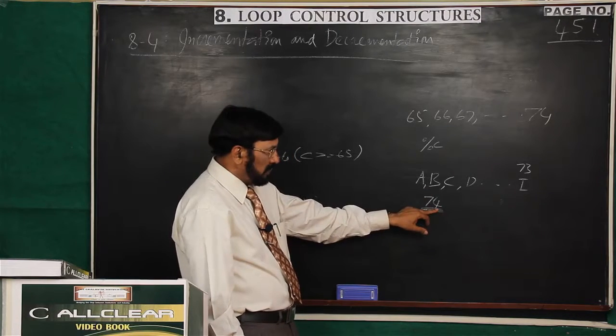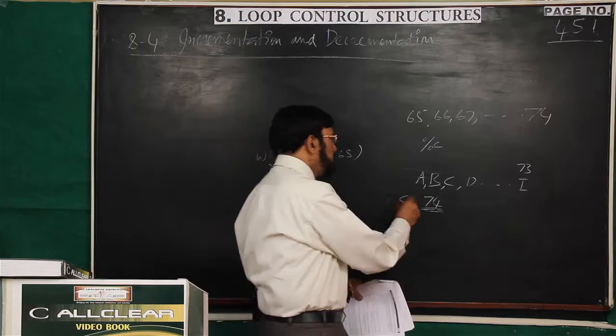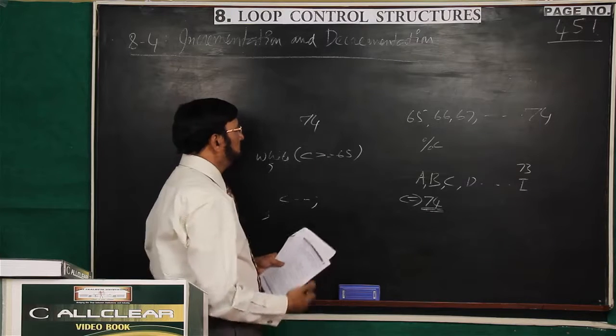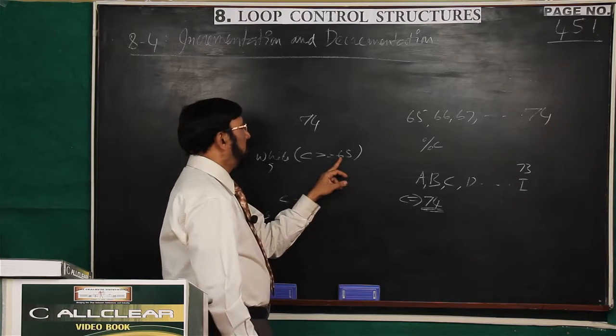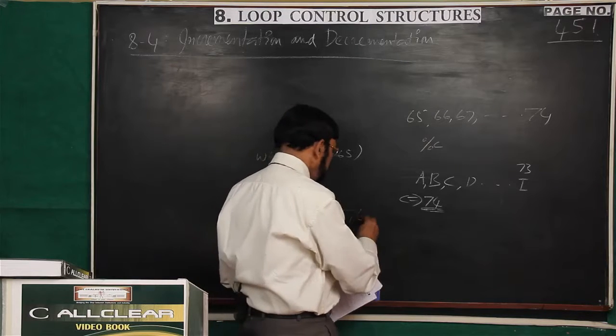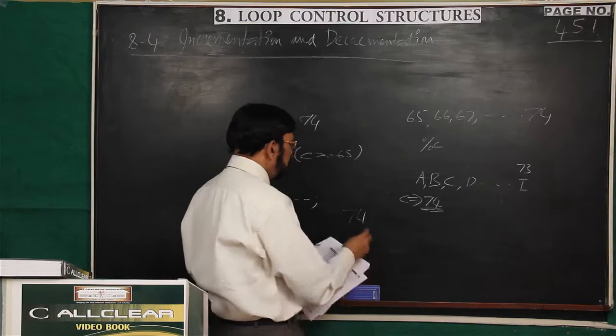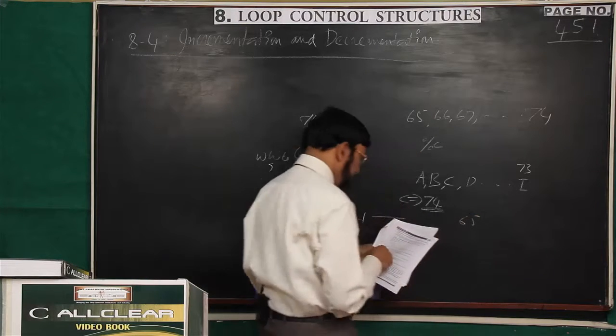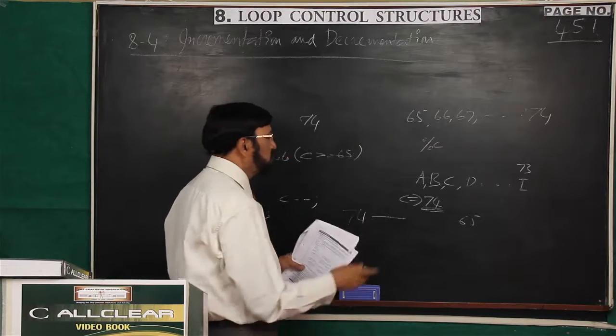After the first loop, you know that c's value is 74. So the initial value is 74 and up to 65 we want to print. That means 74 to 65, here greater than or equal to 65.